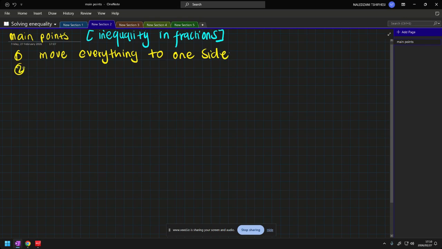And then number two, we're gonna turn everything to one side. We're gonna move everything to one side so that we can turn it into one fraction, right?